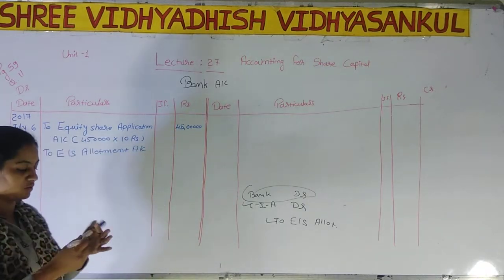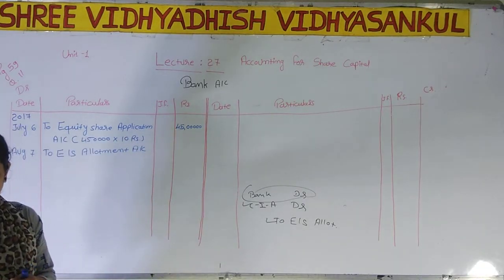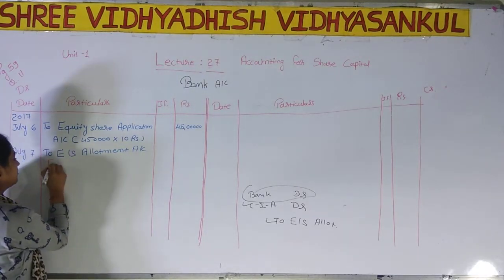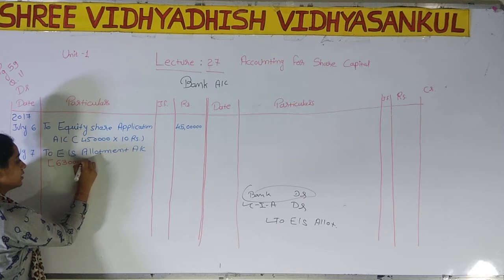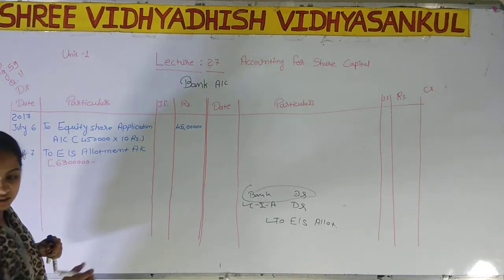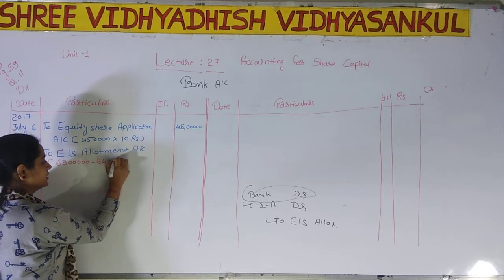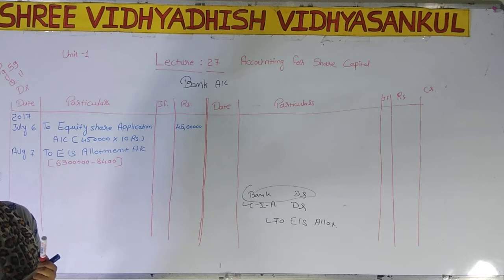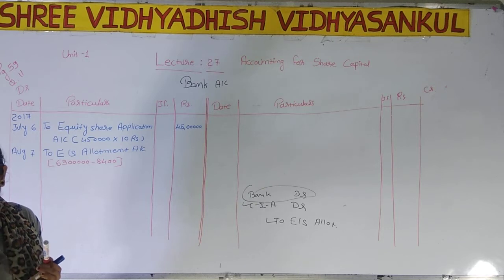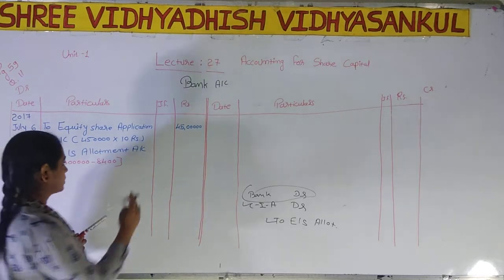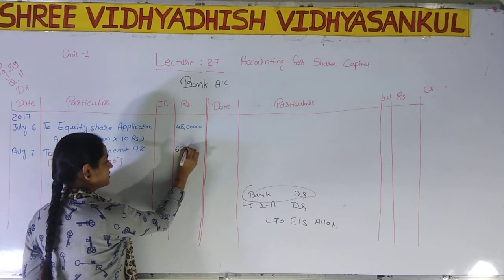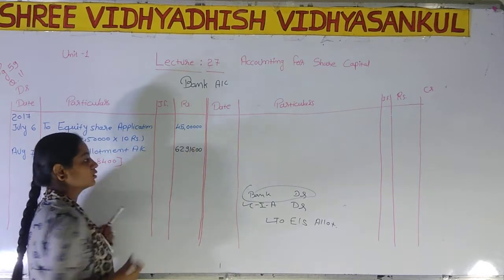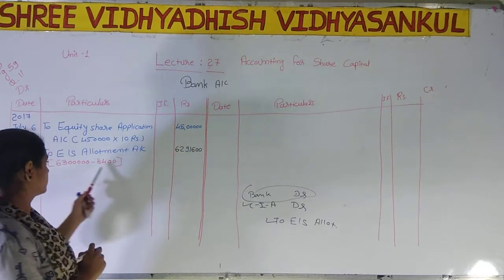That means what amount we have received, that we have to find, right? So here we have to write 63 lakh minus 8,400. That means total we have received 62,91,600 rupees, right? Subtract this amount.